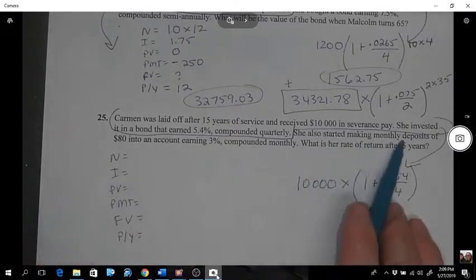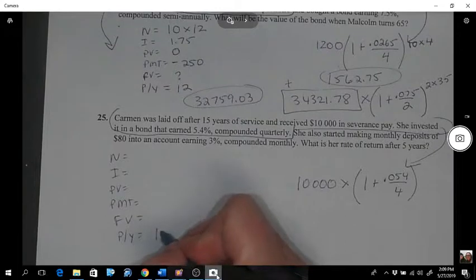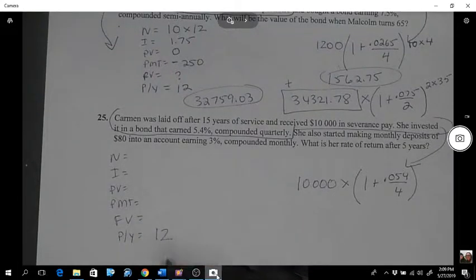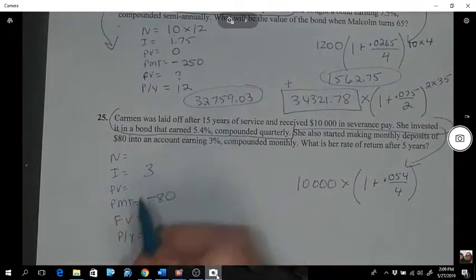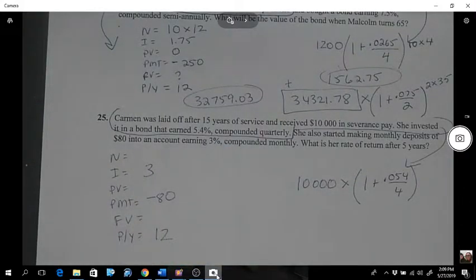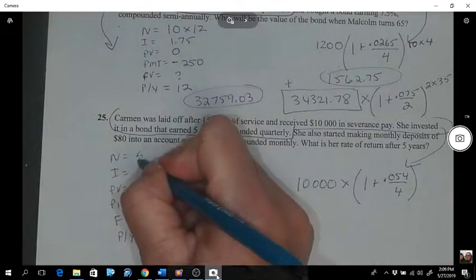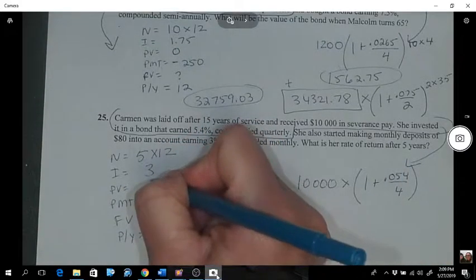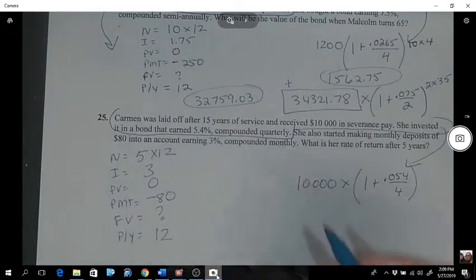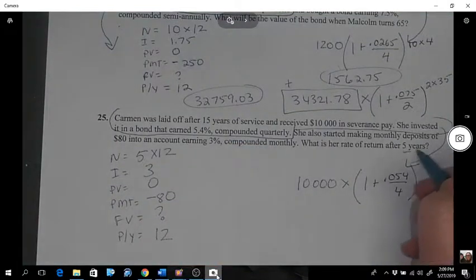She also started making monthly deposits of $80, so negative 80, into an account earning 3% interest compounded monthly. What is her return rate after 5 years? So 5 times 12, 0, question mark. For the bond, 5 years would be 5 times 4.